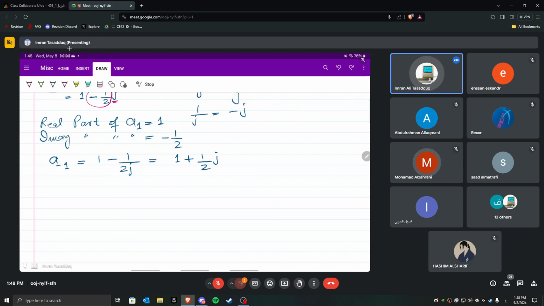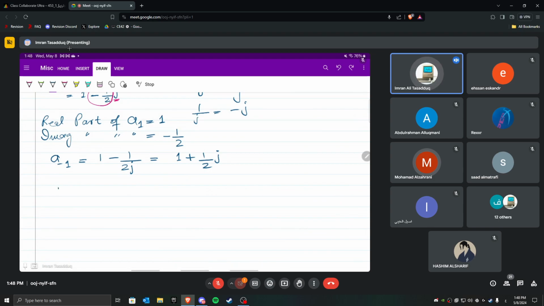Now let's look at A2 and A minus 2. The value of A2, as we had written in the slide, is 1 over 2 e to the power j pi by 4. Can I simplify it? Hint, use Euler.